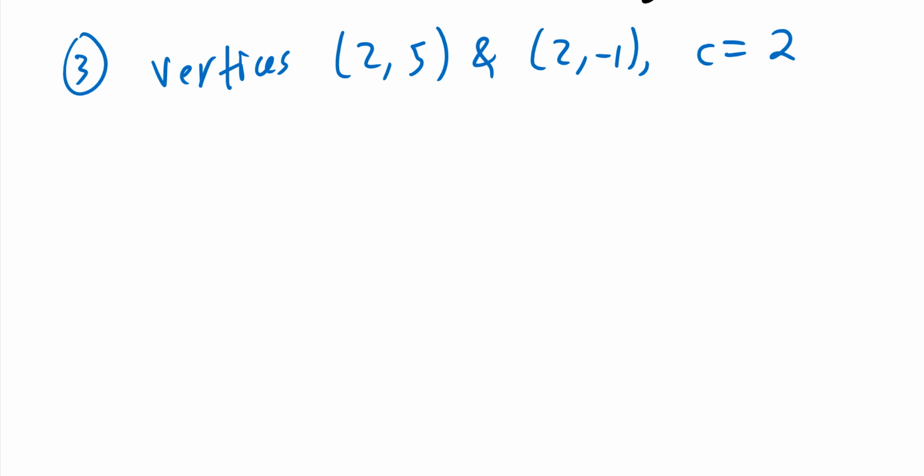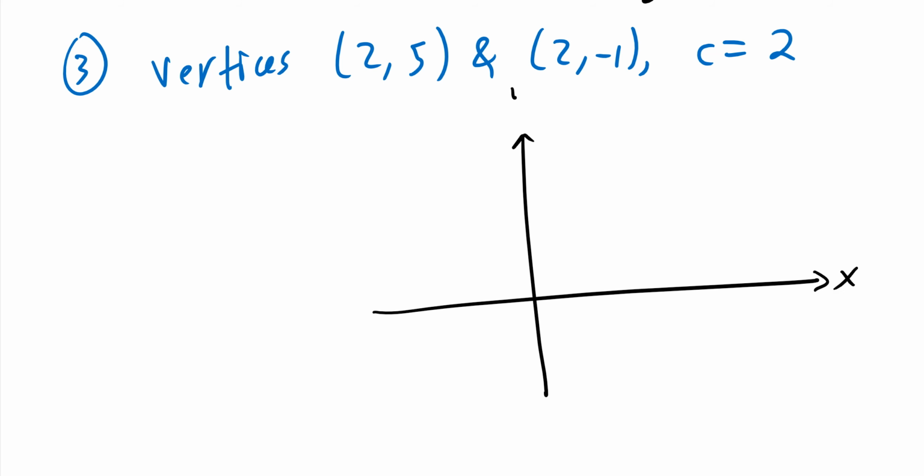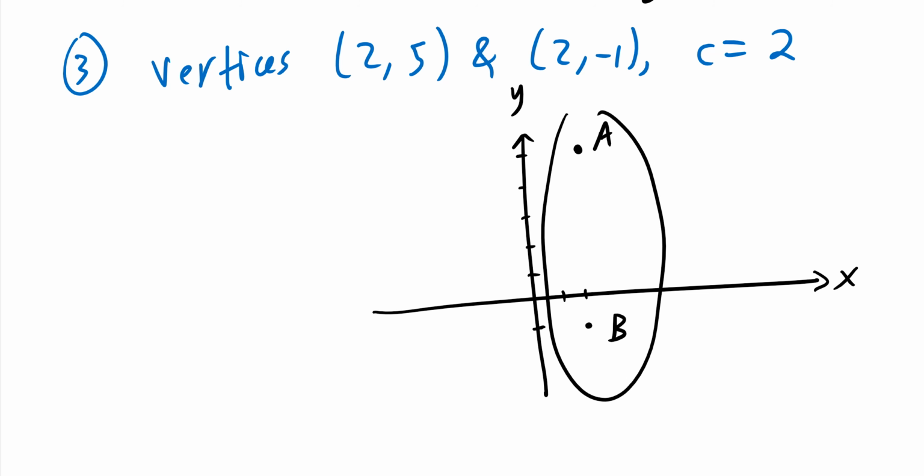The best way to get everything you need here is to plot the given. (2, 5), let's call it A, and B is (2, −1). Oops, sorry, I thought those were the foci.